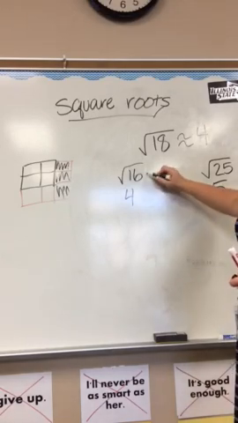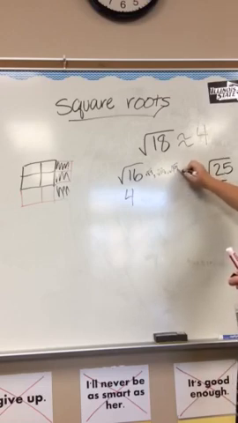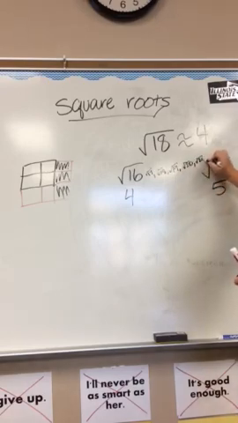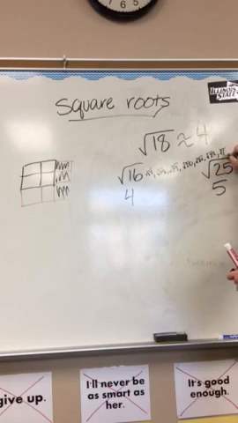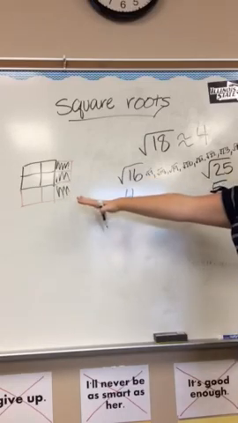So I'll just list them out. Square root of 17, square root of 18, there it is. Square root of 19, square root of 20, square root of 21, square root of 22, square root of 23, and square root of 24. So I'm not going to draw this one out just because you could see the visual over here.